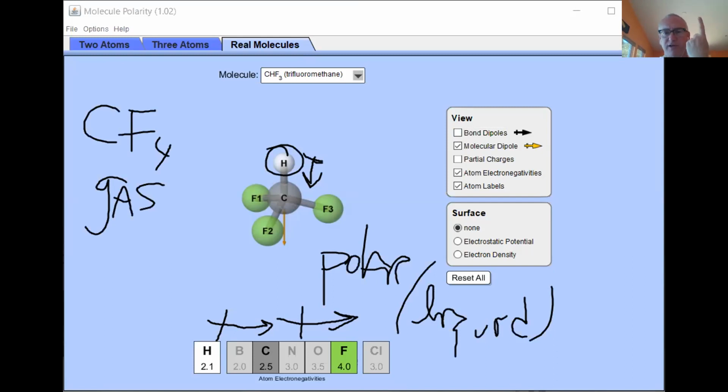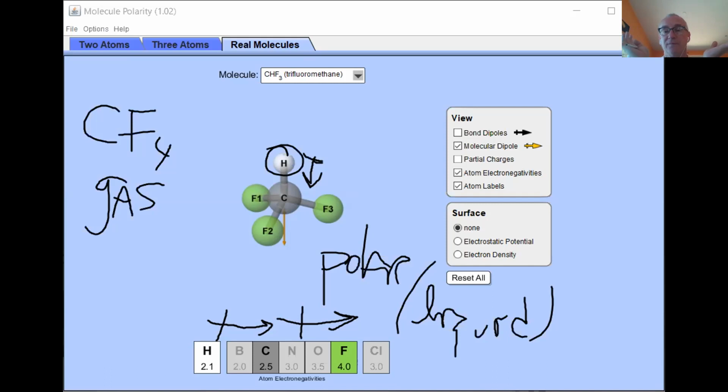All it took was changing one atom whose electronegativity was different, and that changed the whole thing, because we had four dipoles pointing in opposite directions. We just take one of them away, it's no longer symmetrical. And the minute you lose the symmetry, it now becomes polar.